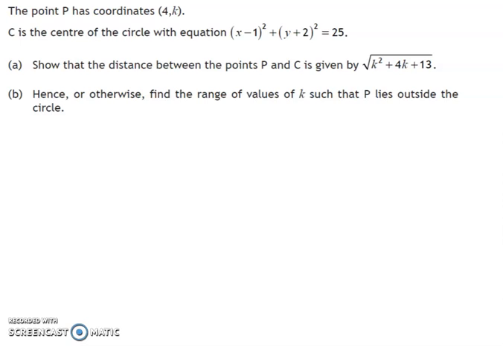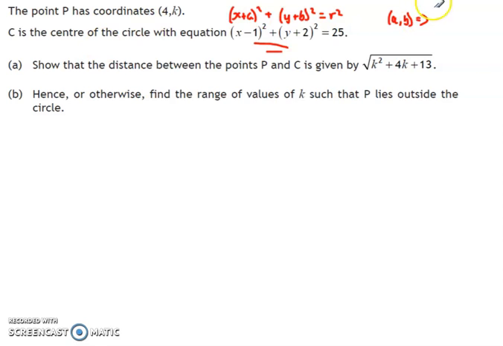Now the first thing I want to remember is the equation of the circle and how it lines up. The equation of a circle, remember, looks like (x + a) squared plus (y + b) squared equals r squared, and it matches up with each part here. Now in this, a and b represent the centre.